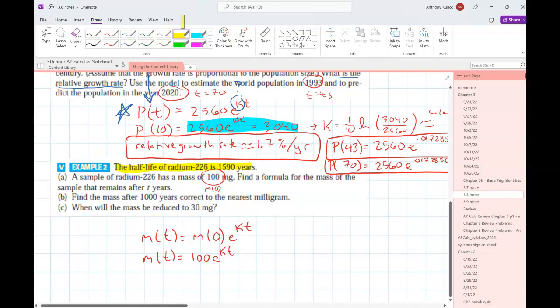It's right there. What is that telling us? That M of t should equal, I'm sorry, not M of t, M of 1,590 years should equal 50 milligrams, right? Is that okay? You guys see it?